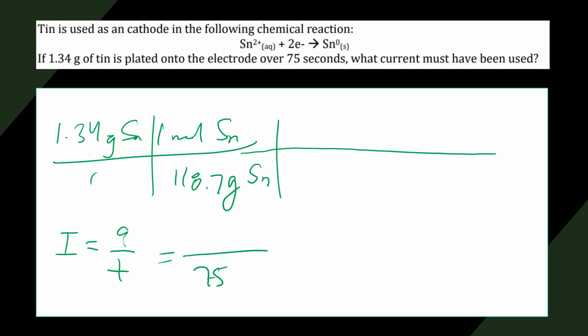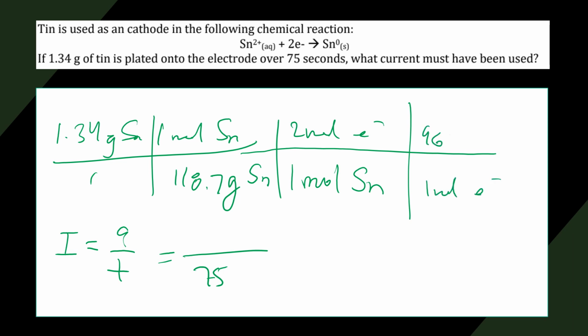So 1 mole of tin means I have 2 moles of electrons. In 1 mole of electrons, I have 96,485 coulombs. I'm going to plug this answer into my numerator. So this is going to be 2,178 coulombs. Divide that by 75 seconds, and I will end up with 29 amperes.